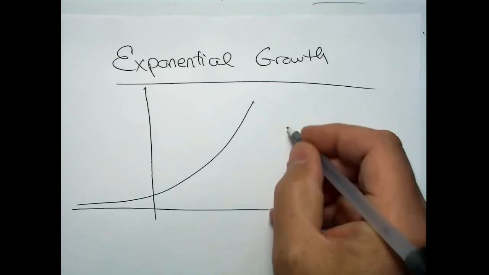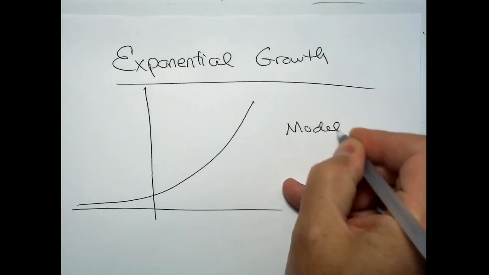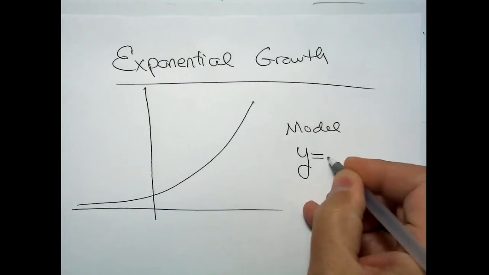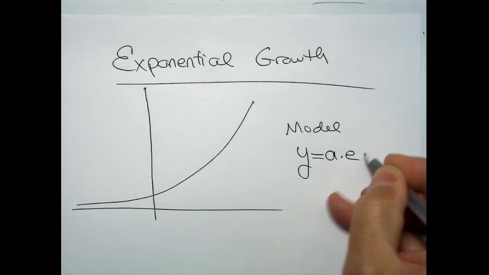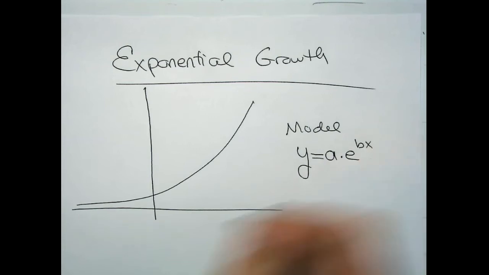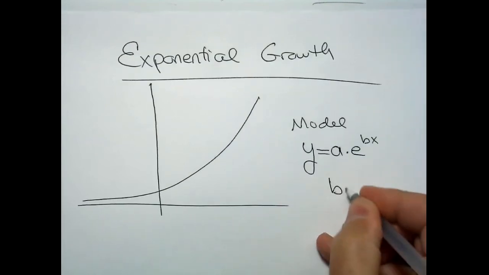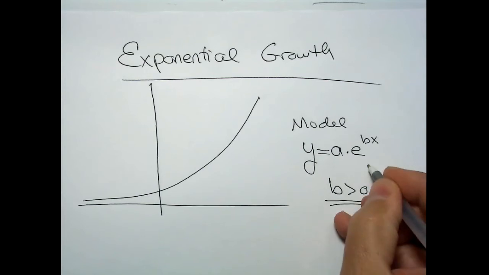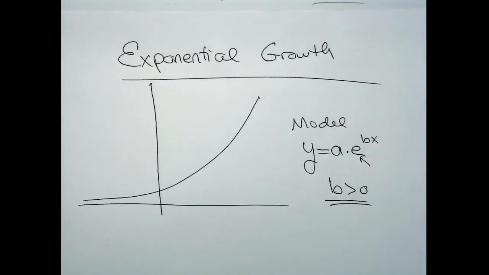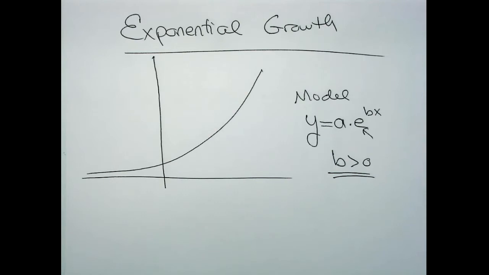And the model that we like to use is y is equal to a times e to the bx, where b is greater than 0. We like to settle in on the natural base, and that way we don't have to worry about selecting base 2 or base 10. We always use the natural base when we're doing an exponential growth model.